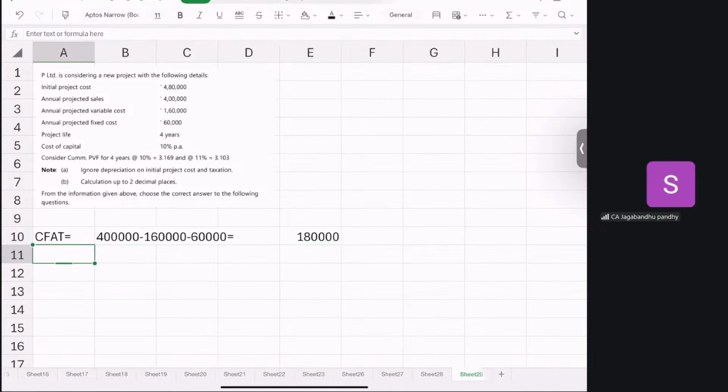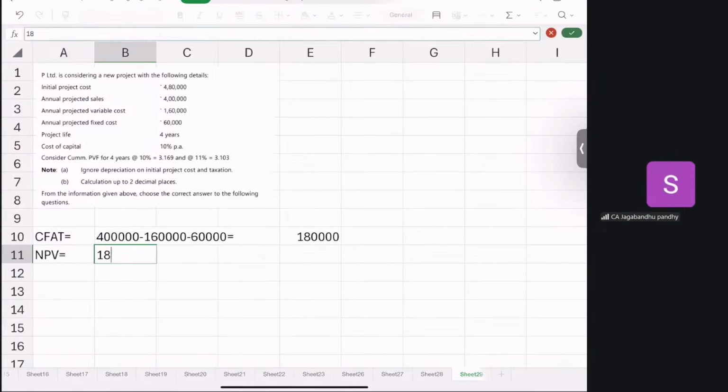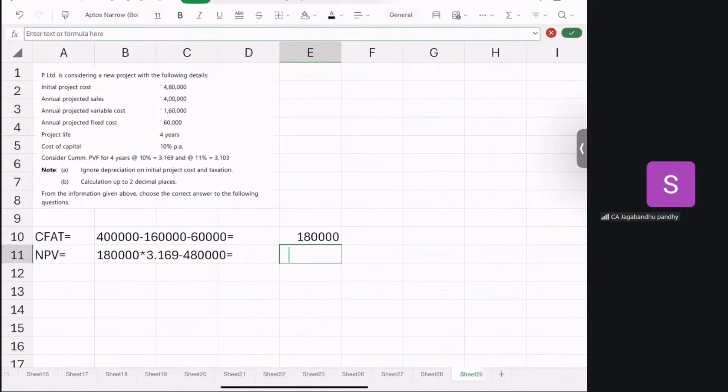And we can get the PV by simply multiplying this 1,80,000 with 3.169 and then further subtracting 4,80,000.